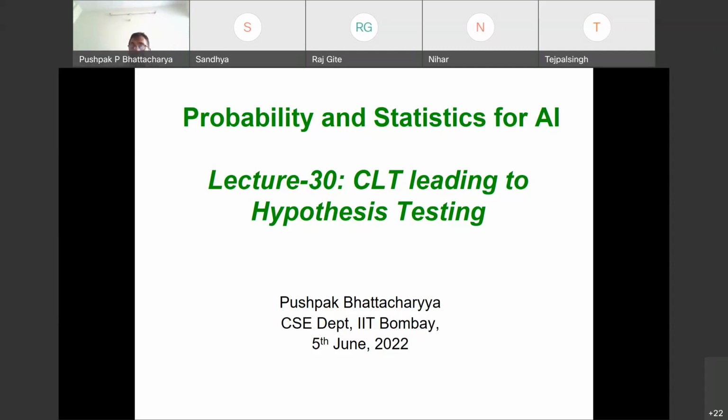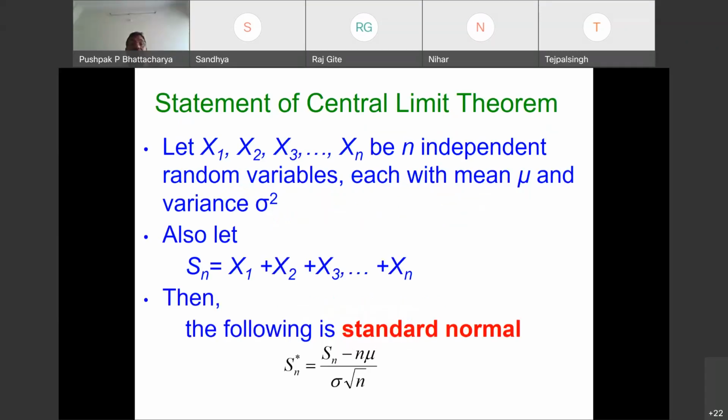So now, by way of revising, central limit theorem, you would recall, is that summation of n independent random variables, we may or may not know their distribution, each with mean mu and variance sigma squared. This is given.